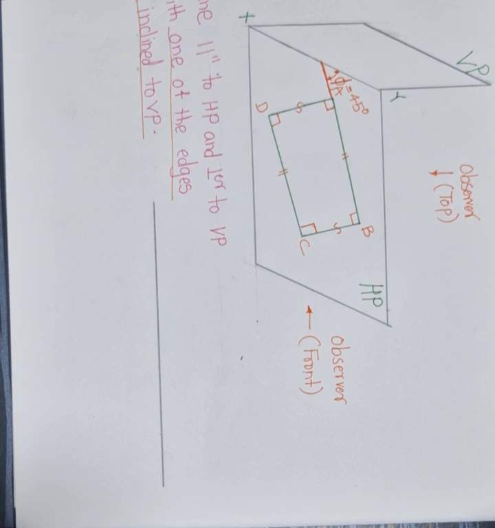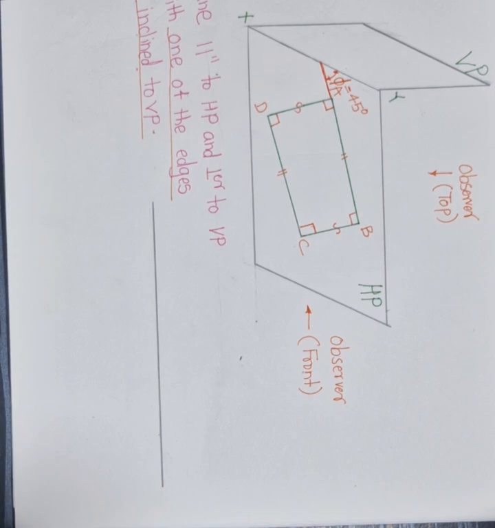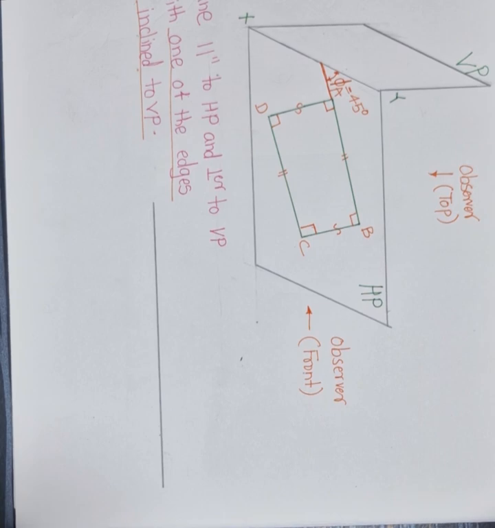Now always we start with the true shape, as we can easily identify that the true shape is available in the top view, that is while observing it from the top. So true shape is available in the top view, so we will start with the top view.